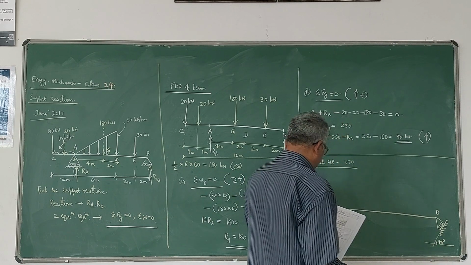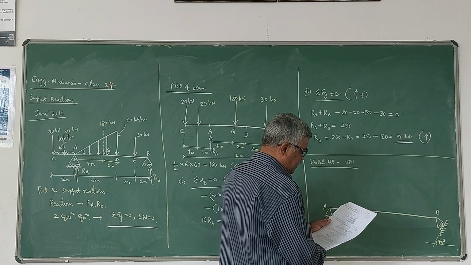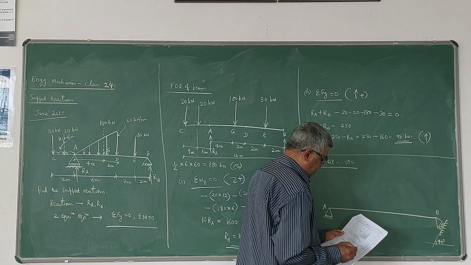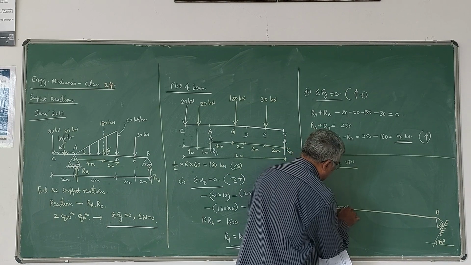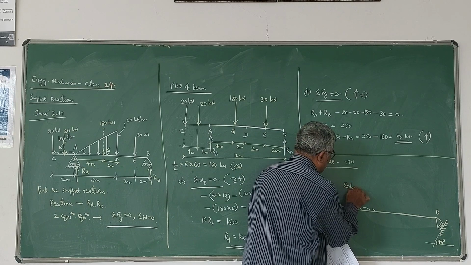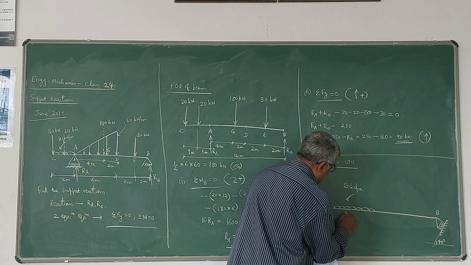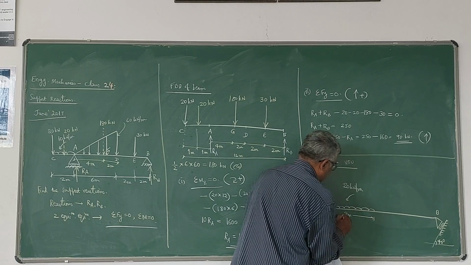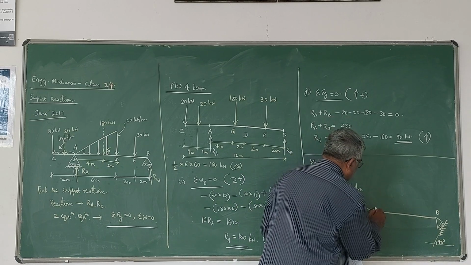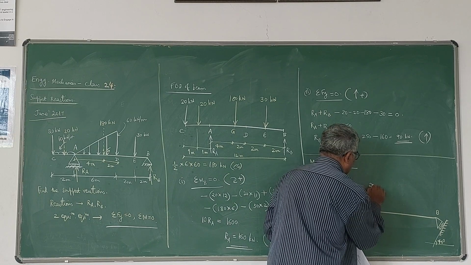Next, beam AB carries a UDL of 20 kN per meter up to 3 meters. So this is 20 kN per meter up to a length of 3 meters. Then it carries a concentrated load here, 20 kN.